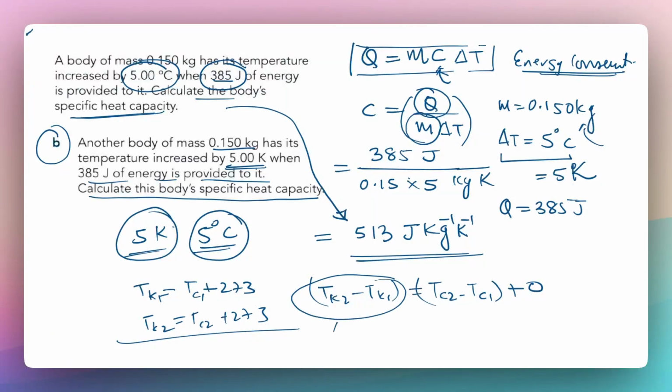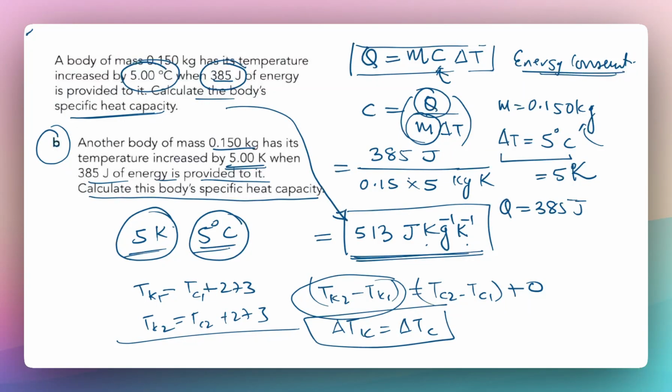Which means the delta T in Kelvin is always equal to delta T in centigrade, and that's what we are going to use, which means the numbers will remain same. Hence our answer will also be the same, and that will be 1530 joules per kilogram per Kelvin, right? So we earlier automatically converted a degree Celsius difference to Kelvin, right? So we got the answer in both ways.